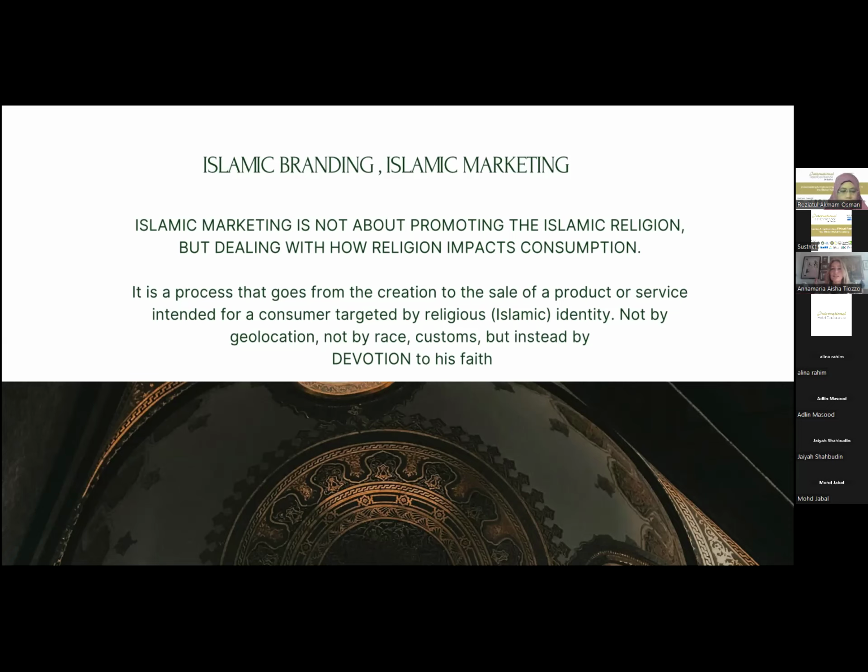So it is a process that goes from the beginning, from creating the product or the service to selling to a consumer that is targeted by religion, by Islamic identity, not by geolocalization, not by race, not by customs, but instead by devotion of his faith.